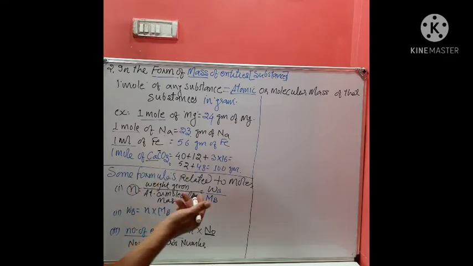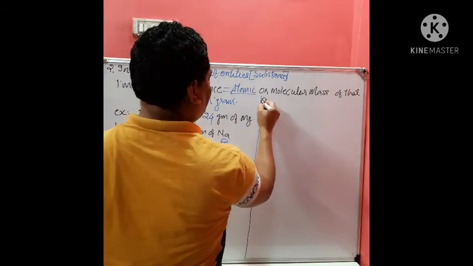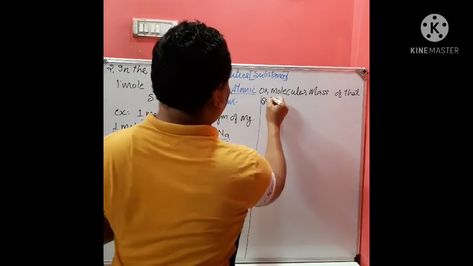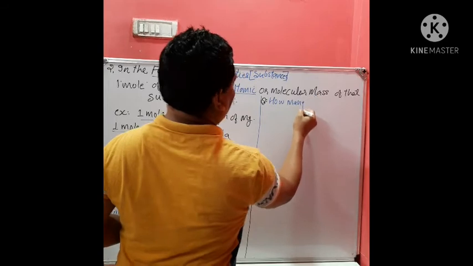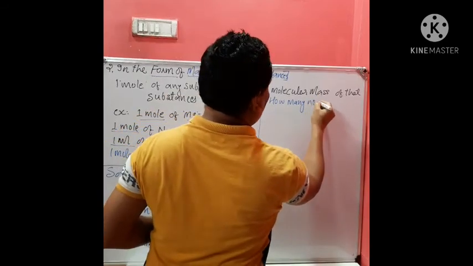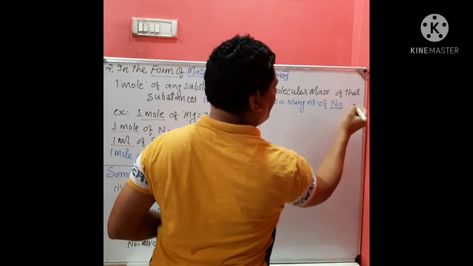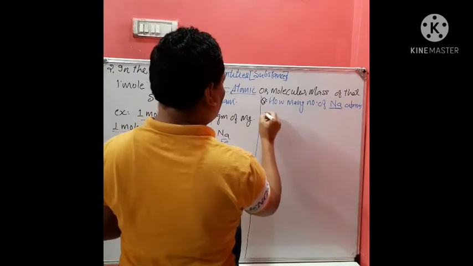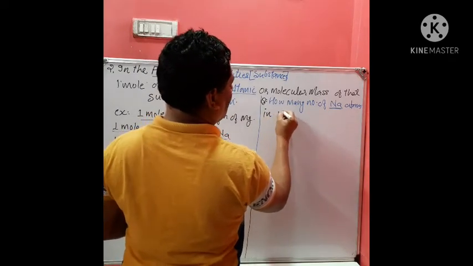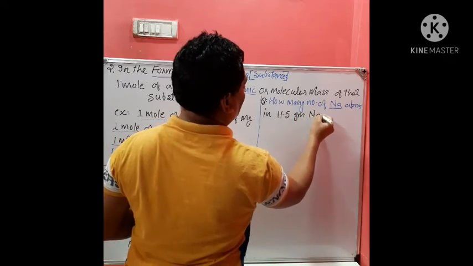And when we will study about the 3rd form, then again we can involve it. Like here, suppose there is a question: how many sodium atoms are in 11.5 gram sodium, Na?